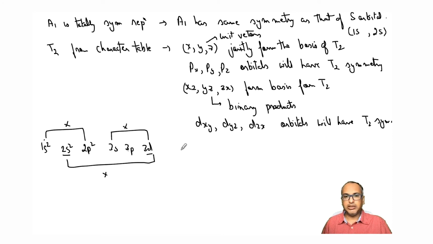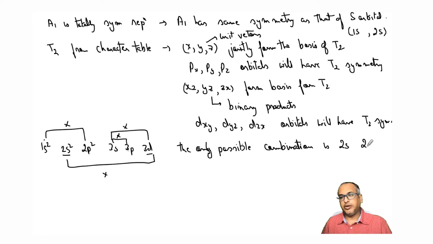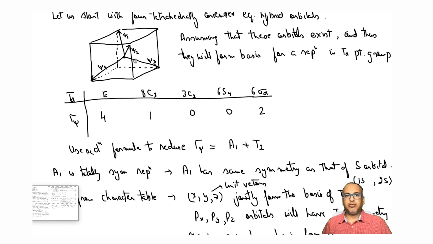The only possible combination is 2s and 2p orbitals, right? So we have the s orbital and 3 p orbitals, which can now combine to give you 4 hybrid orbitals, psi1, psi2, psi3, psi4, right?